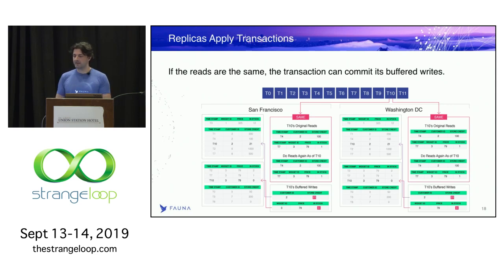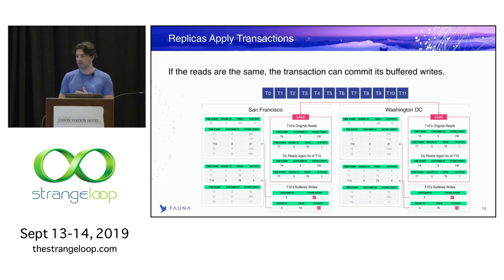What you can see here is that both replicas, even though they're geographically separated, will arrive at the same decision. They will deterministically read the same data because all the replicas contain the same data. We start from the assumption that all the replicas contain the same data. So when they rerun the reads locally, they will see that nothing has come in between T10 and when it was run and modified any of the rows.